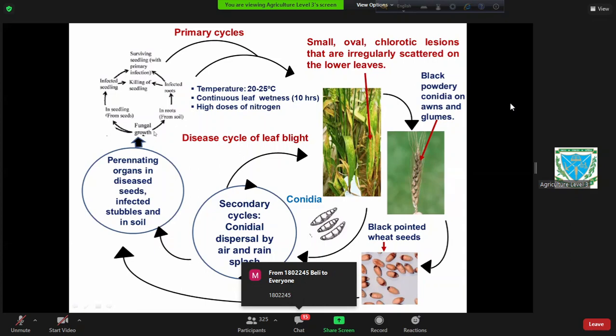So clear? Then from the seed, a mini cycle can be completed here. See, Bipolaris sorokiniana infects the germinated seedlings. Some seedlings survive the primary infection and go to the mature stage, but some of the seedlings are killed due to infection.